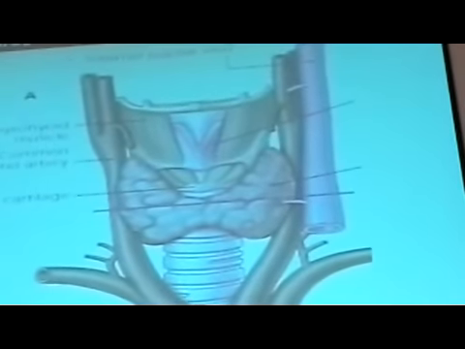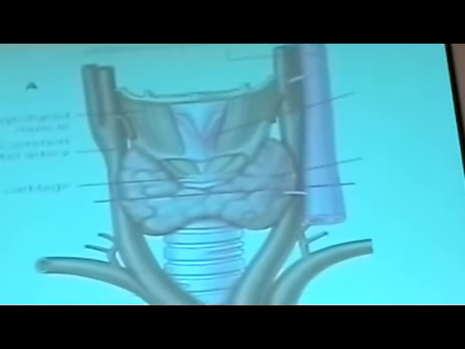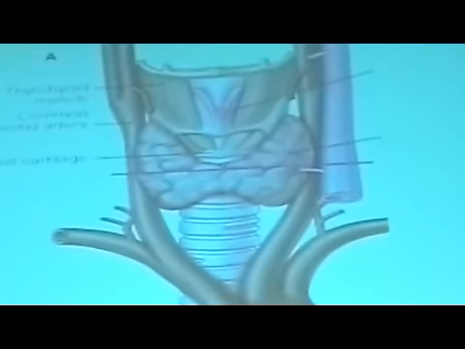The inferior thyroid vein arises from here, one from here and one from here.